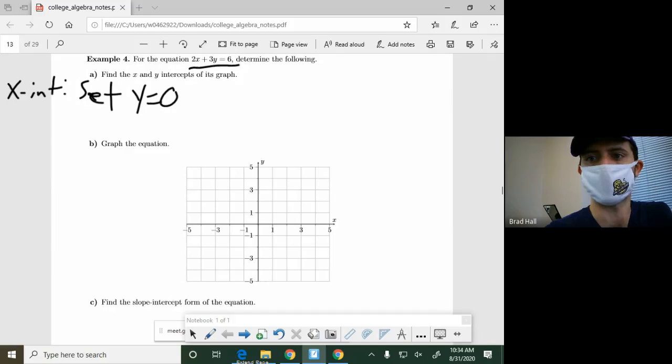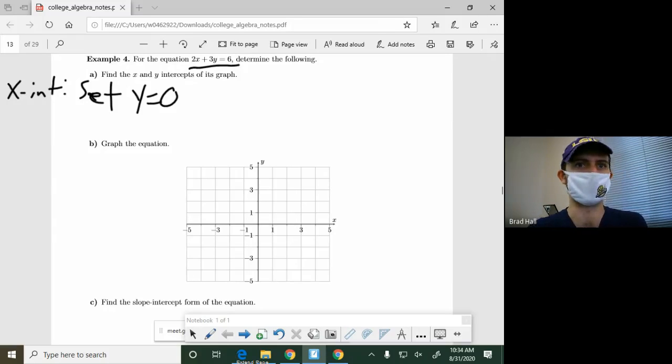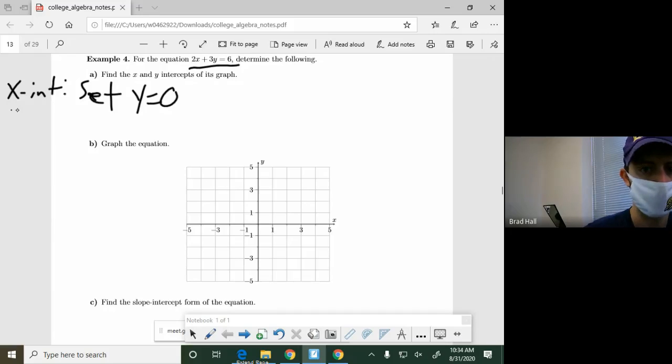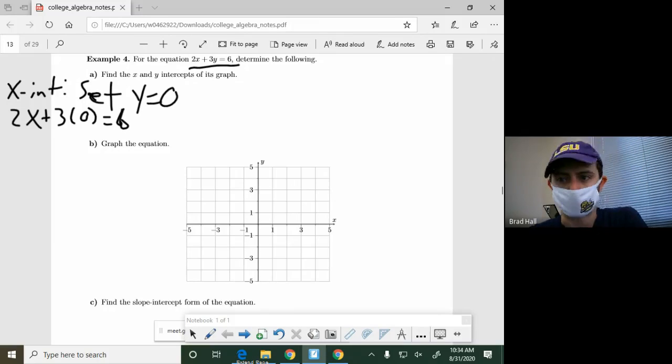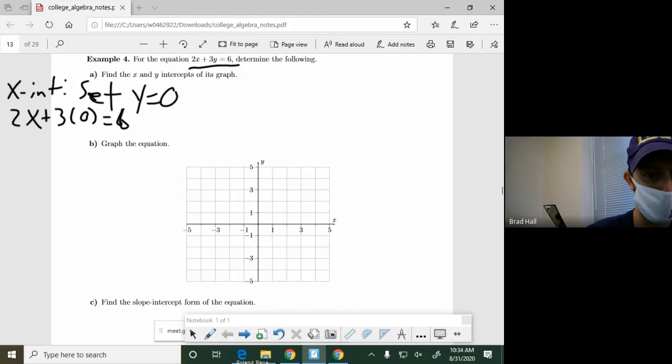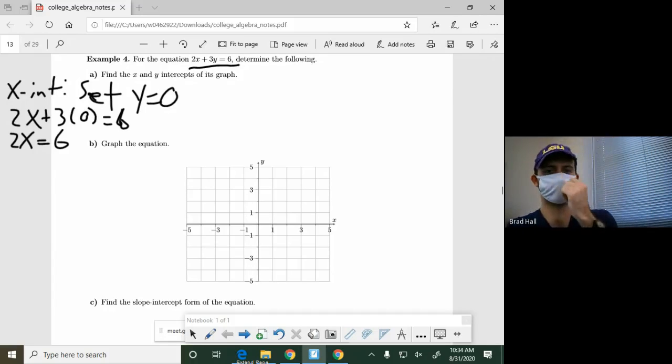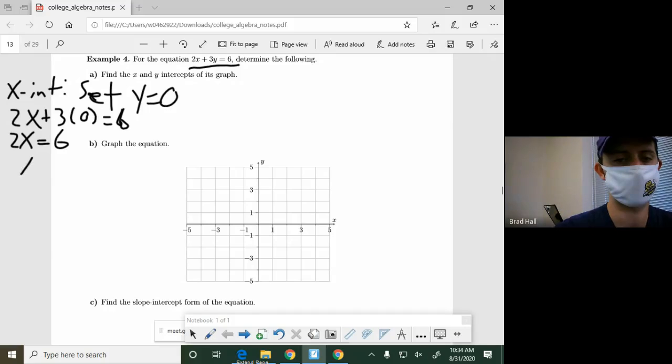So we have this equation up here, and now there is a y that we can set equal to 0. So it's 2x plus 3, but not y, because y is now 0, equals 6. Well, that's convenient because 3 times 0 is 0, and it simplifies to 2x is equal to 6. Just one more step: x is equal to 3.